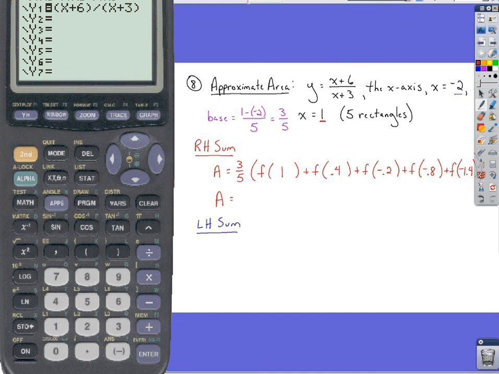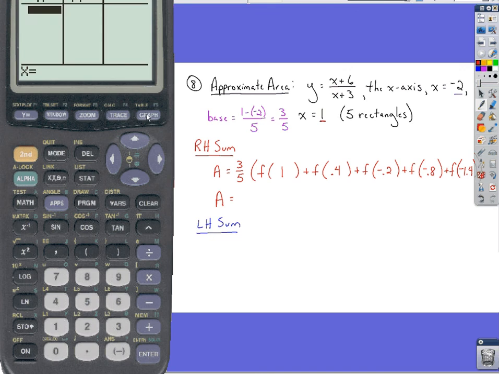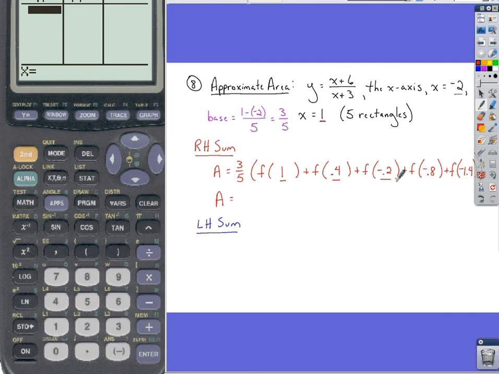Once I've plugged in my function, I can use my table setup, second window, and adjust the independent variable to ask. Now I go to my table, which would be second graph. In my table, I can take these values, 1, 0.4, -0.2, and so on, and plug them in to figure out what the function values are going to be.